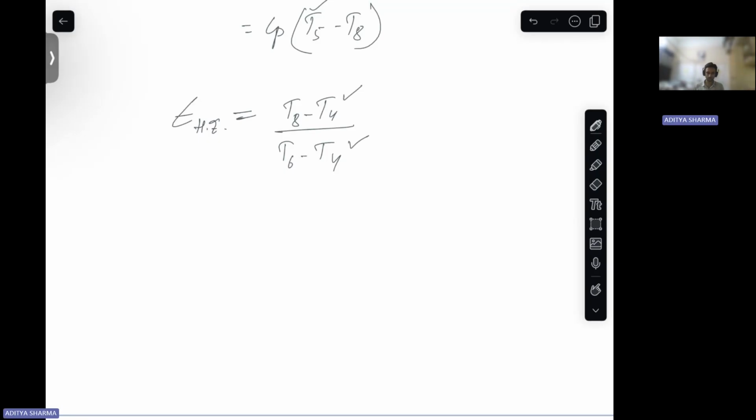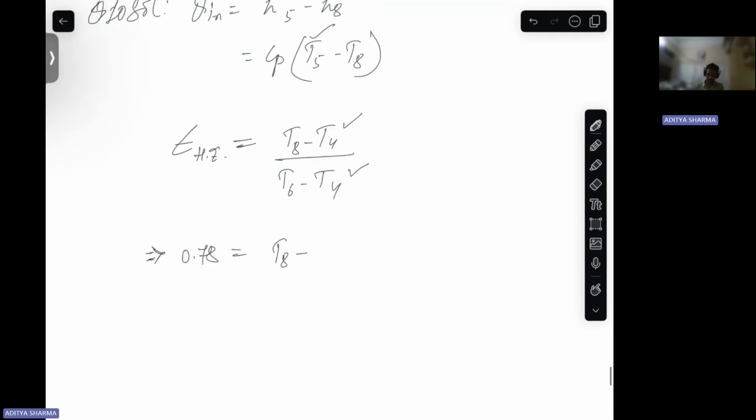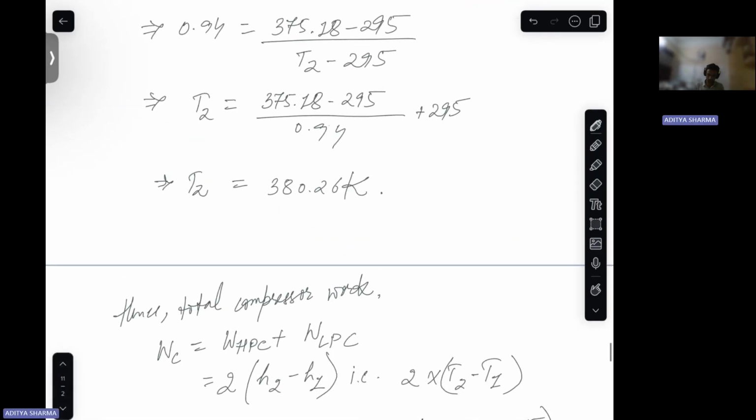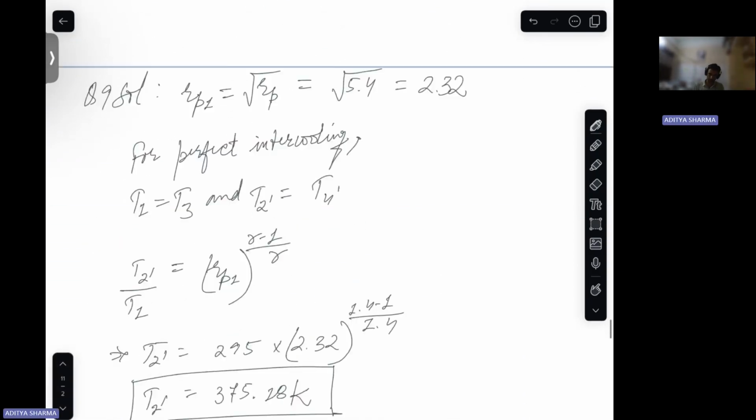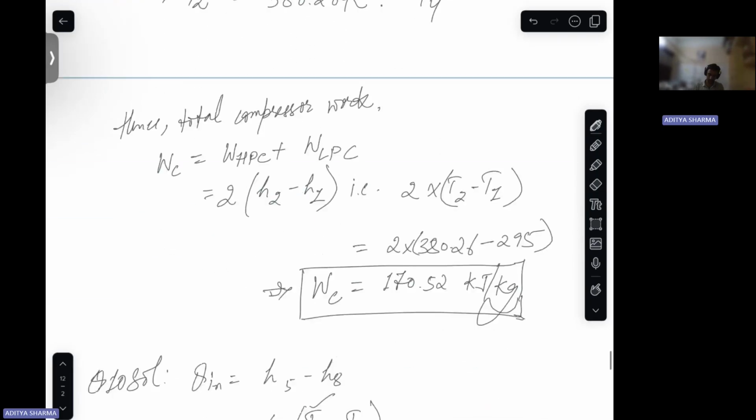So this is your heat exchanger. Then 0.78 is equal to T8 minus T4, now if you see, T4 is equal to T2. Why? Because of perfect intercooling. So T4 we have.